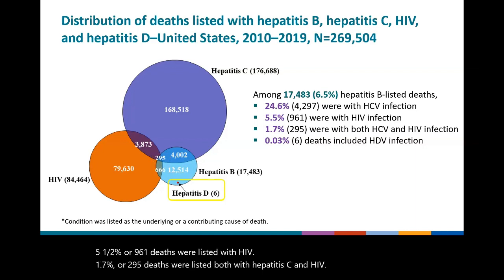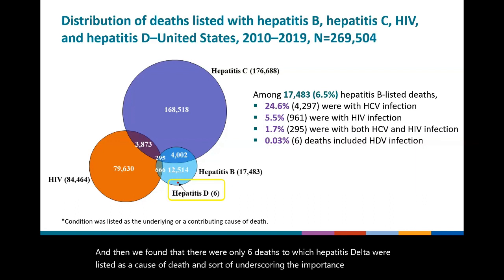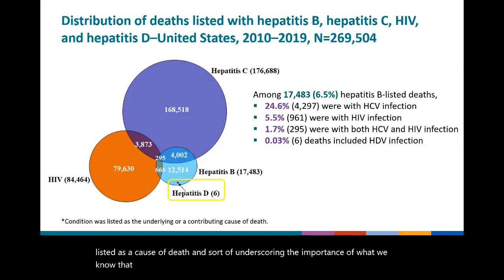And then we found that there were only 6 deaths to which hepatitis Delta were listed as a cause of death, sort of underscoring the importance of what we know, that there's under testing for hepatitis Delta in the United States.